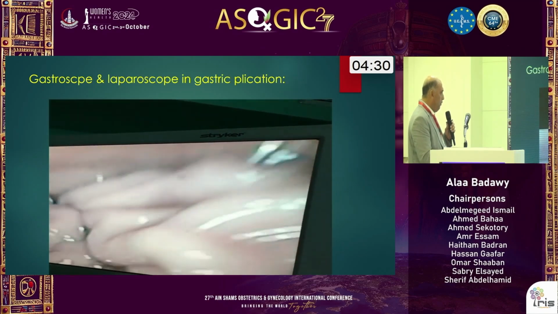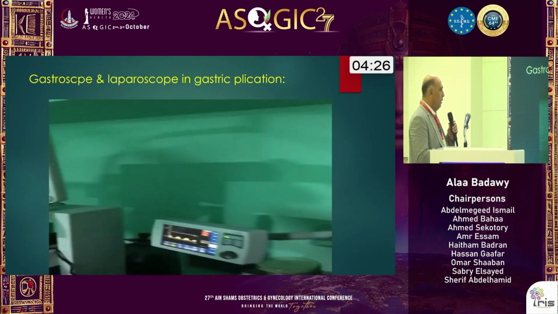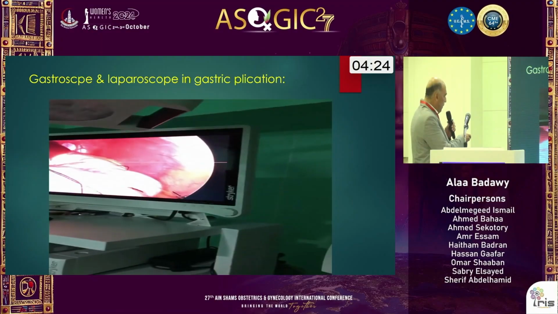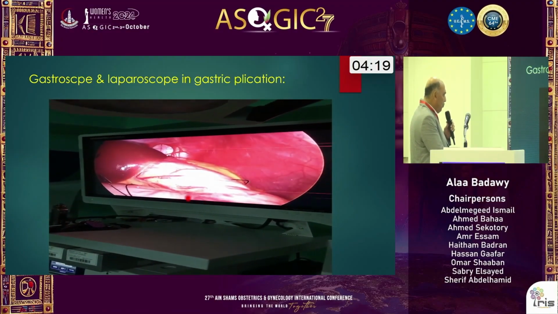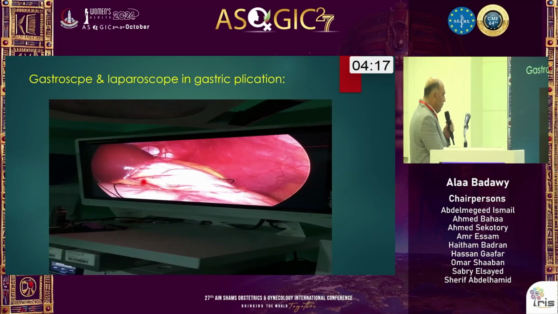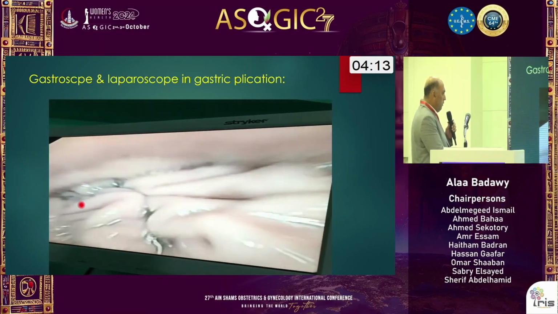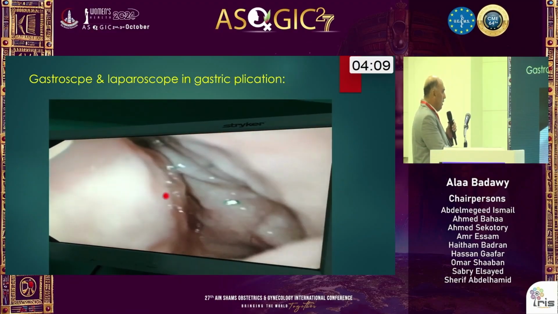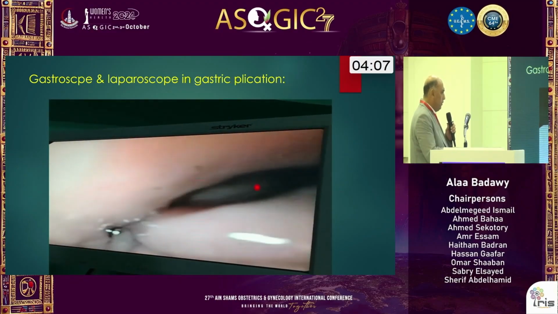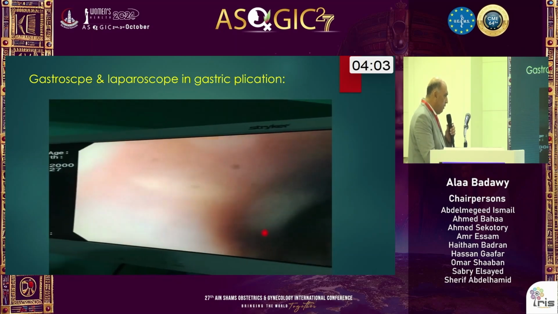Here is a small video to demonstrate. I also do upper GI endoscopy. Here is the laparoscopic view with the scope coming here. Meanwhile, at the same time, my assistant is finishing the laparoscopic suture. Here is the antrum. I'm coming backwards with the gastroscope. This is the everted, imbricated mucosa.